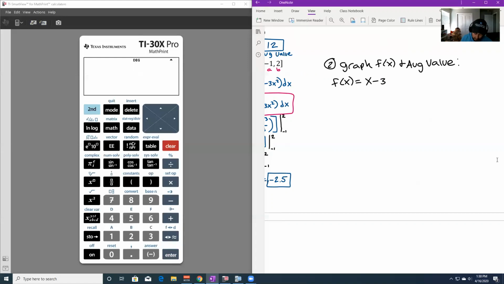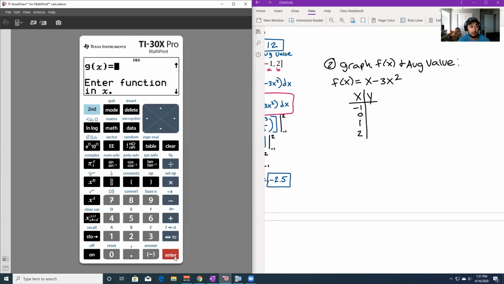Okay, and again, they're giving us the numbers to plug in. So when I make my XY chart, it says our interval is from -1 to 2. So I'm going to go -1, 0, 1, 2. Okay, and I want to get these values faster, so I'll use the table feature for this, and I'll type in x minus 3x squared, enter, enter, enter, enter, enter, delete the numbers that are there, and type in what I need.